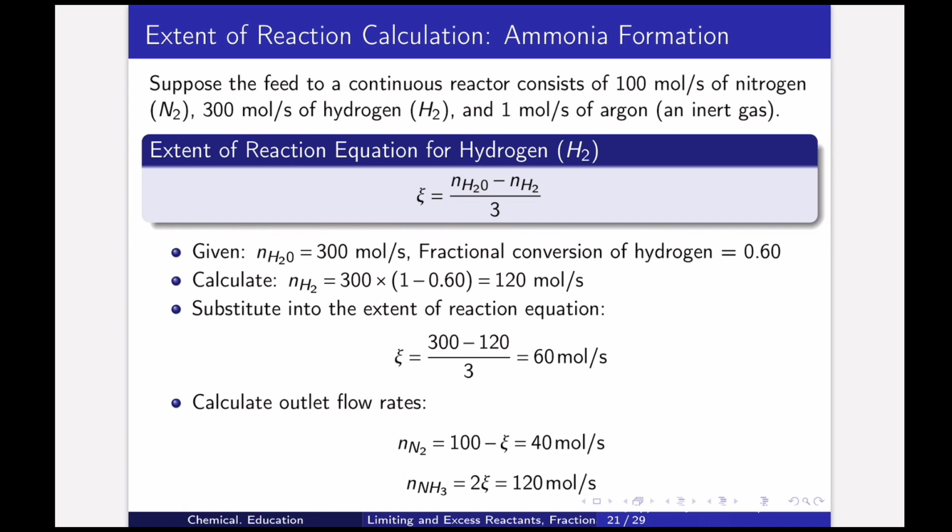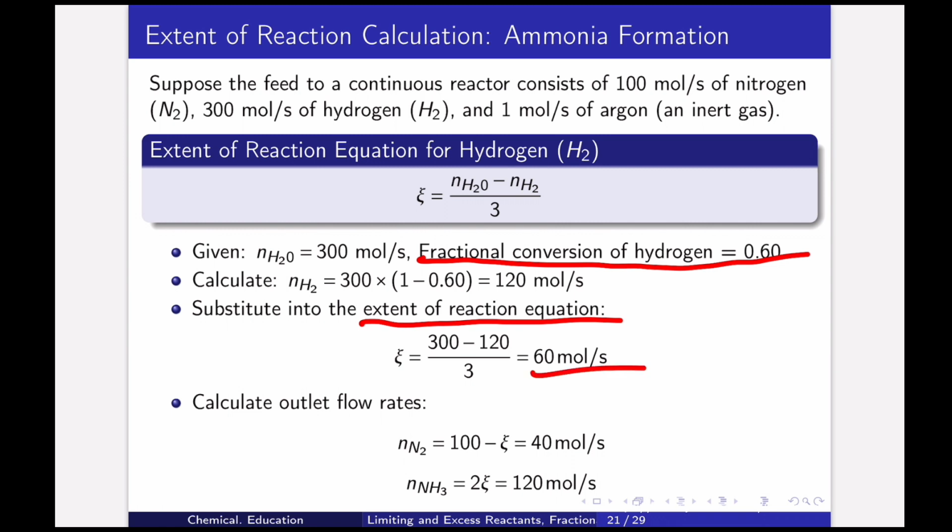Given N of hydrogen at zero time is 300 mole per second, and the fractional conversion of hydrogen is 0.60. Now calculate at a particular time what the N of H2 will be. N of H2 will be 300 into 1 minus 0.60, so 120 mole per second. From that we can easily calculate the extent of reaction: zeta is (300 minus 120) by 3, that is 60 mole per second.